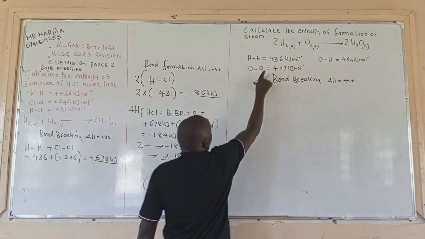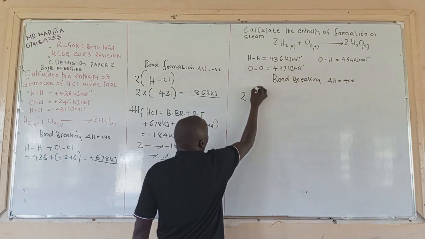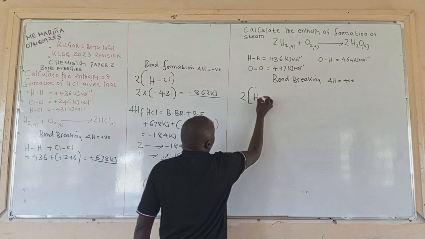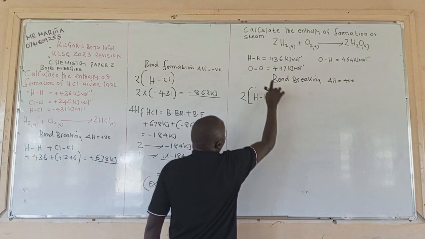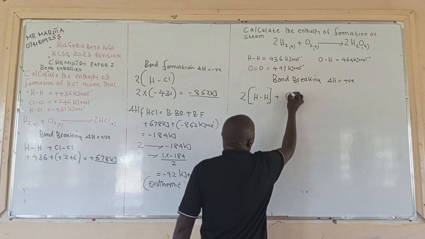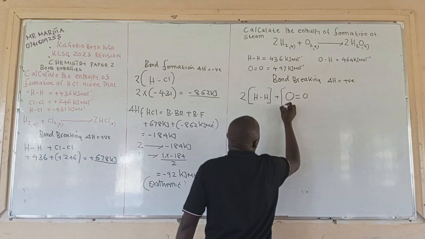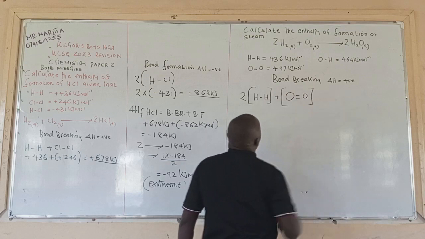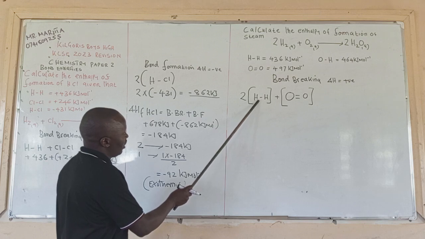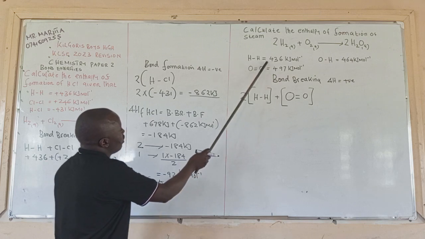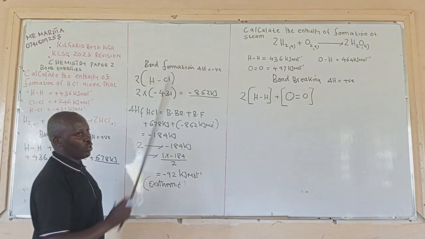So we have 2 hydrogen, then plus we have oxygen. So the bond breaking for oxygen is this one here. We have only 1 bond between hydrogen, which is equivalent to positive 436, and then we have 2 moles of them.